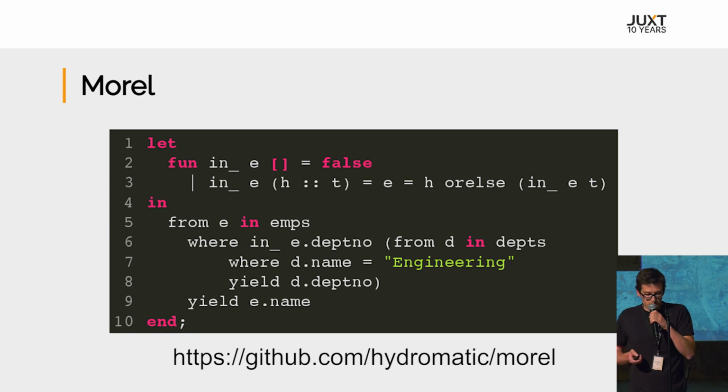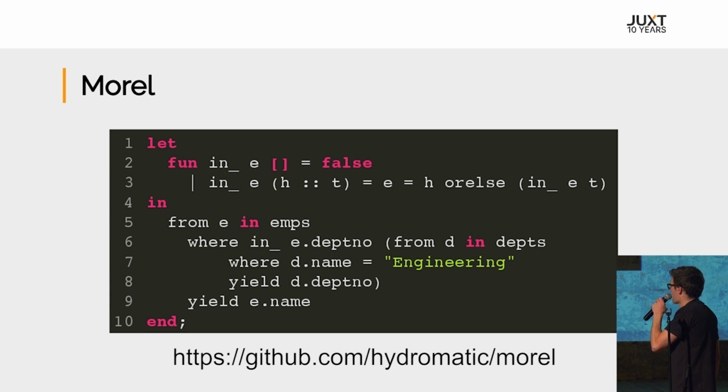Yeah, so the last bit, one other bit I want to place on the diagram is a language called Morel. I actually didn't put the source below, but it's an extension of standard ML. Standard ML is a general purpose functional programming language, strongly typed.